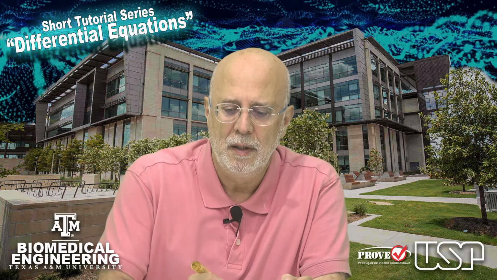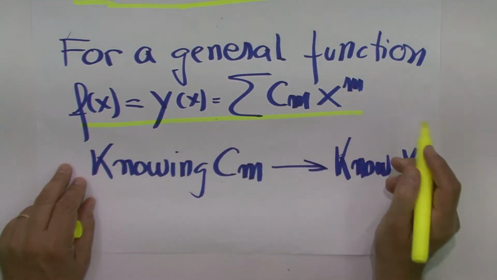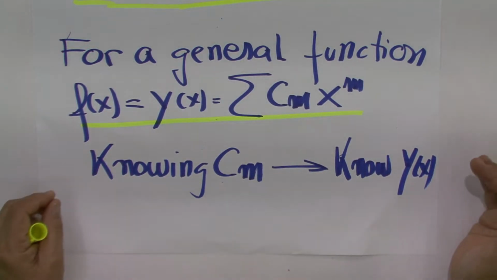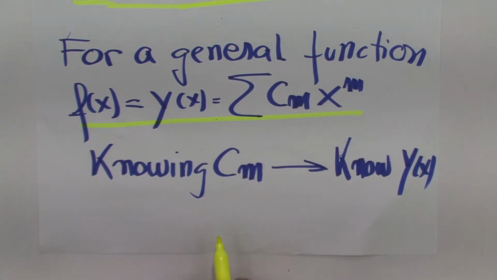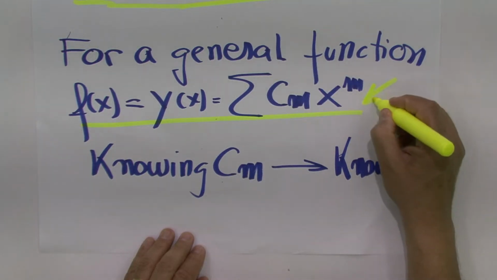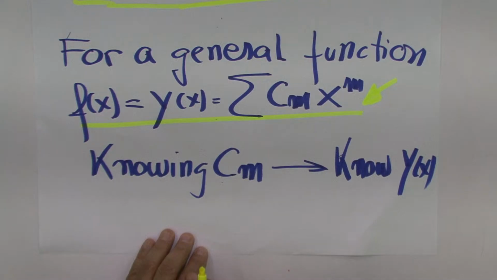This gives us a very interesting possibility, because since we know that any function can be expressed in terms of a series, and we are looking for a function in the solution of a differential equation, we can start the process of solving the differential equation by considering the function expressed in the power series, instead of looking for a function in general.